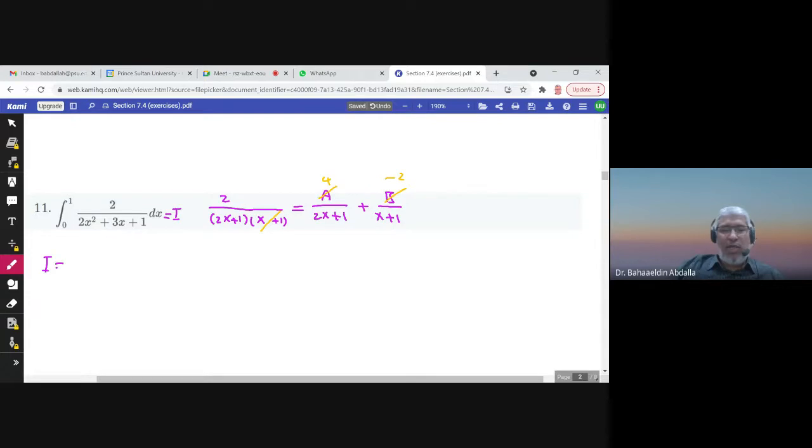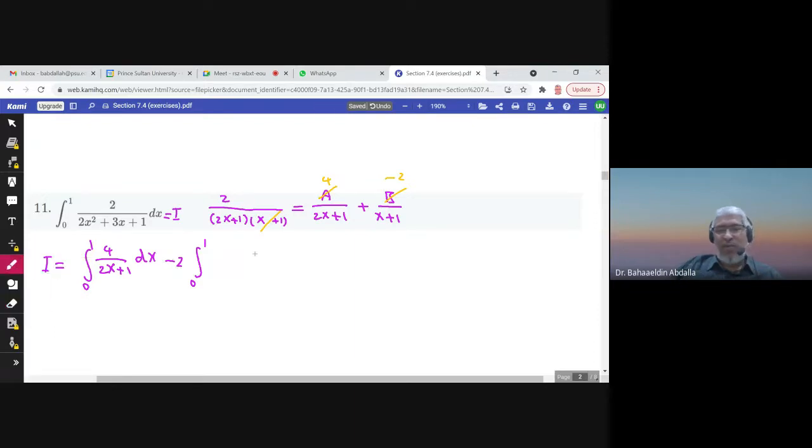So I is equal to integral 4 over 2x plus 1 dx from 0 to 1 plus integral from 0 to 1, or let me say minus, because b is negative 2, I can take 2 out. I can leave it inside.